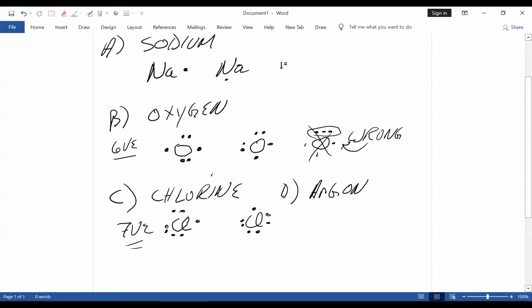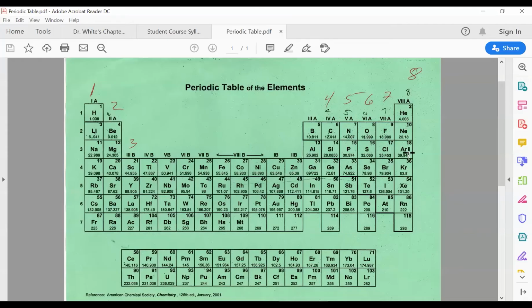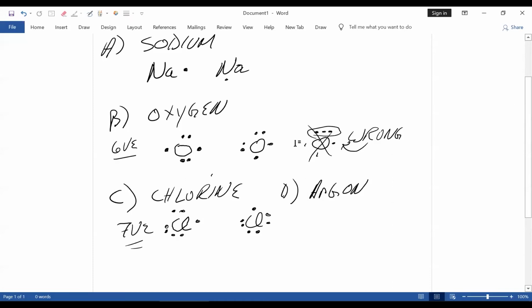Let's go back here. Argon, Ar, how many valence electrons? You look at the top, and the answer is 8 valence electrons. And now we'll go back to our place where we're writing. So I have 8 valence electrons.